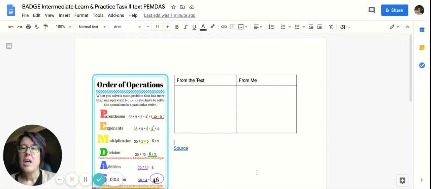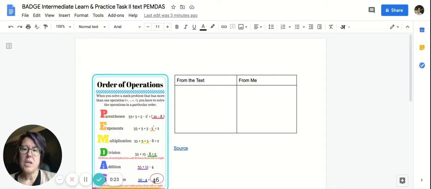Hi there. So, today, what I'm showing you is that we don't always have to create a double entry organizer from a piece of text that's a book or an article. When we talk about text, it can be non traditional.